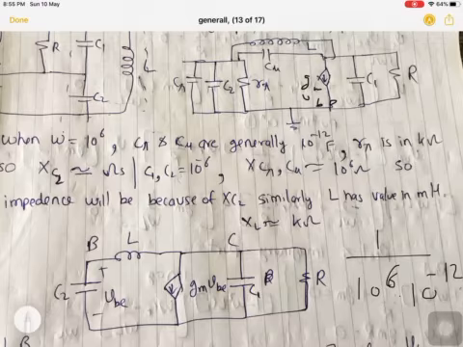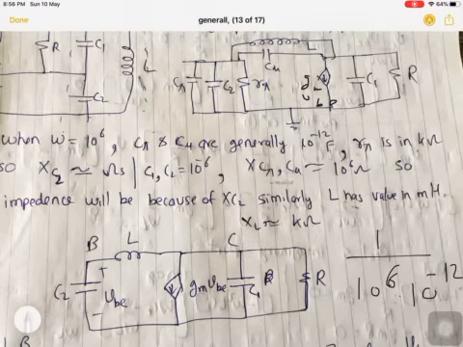Similarly, if we talk about the upper half, this is the external inductor, in the order of millihenry. The impedance of the inductor is calculated as omega into L. Omega is 10 to the power 6, L is 10 to the power minus 3, so it is in the range of kilo ohm.